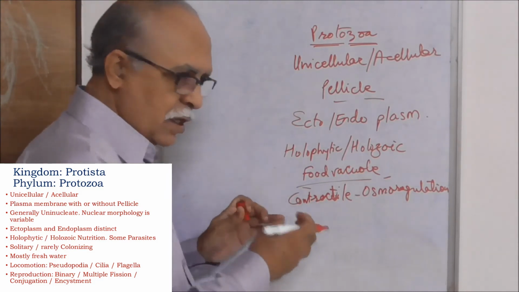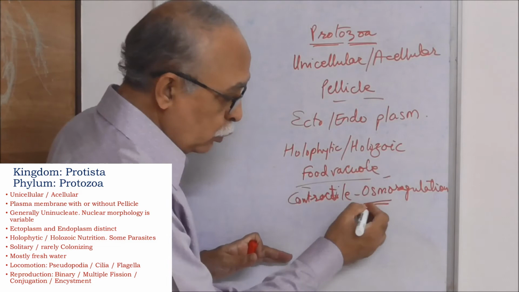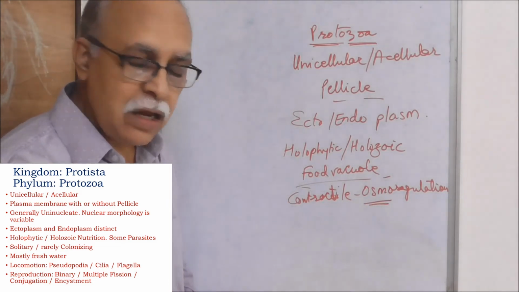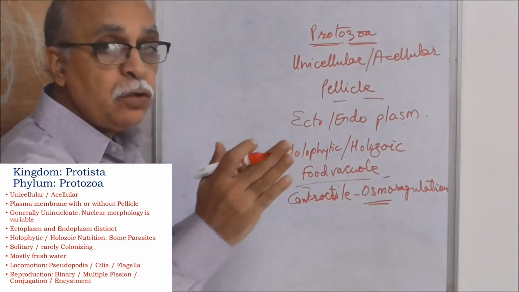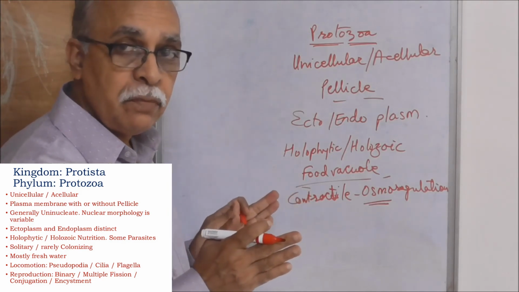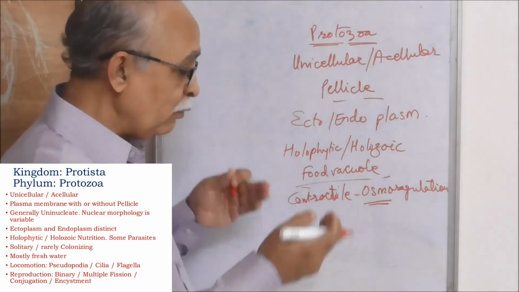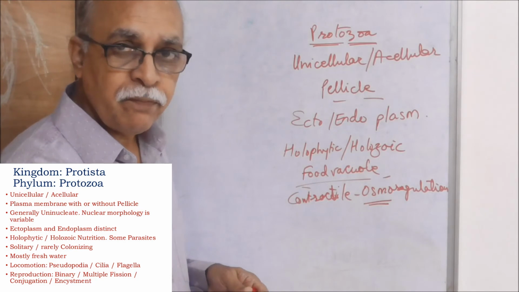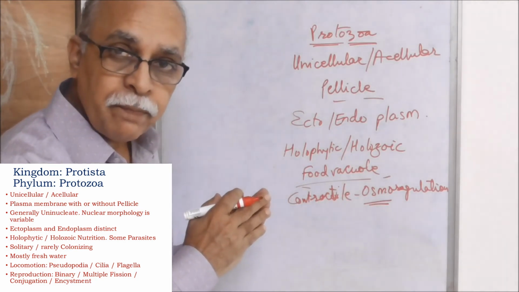So it's a vacuole which can contract and relax so as to maintain an osmotic balance. Salt balance, you can say, water balance, you can say. Concentration of cytoplasm with respect to the surrounding medium has to be appropriately balanced so as to avoid excessive loss of water or excessive gain of water. That is by a phenomenon called osmosis. That is taken care of by the contractile vacuole.